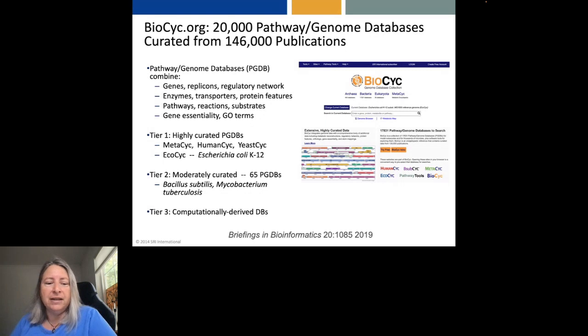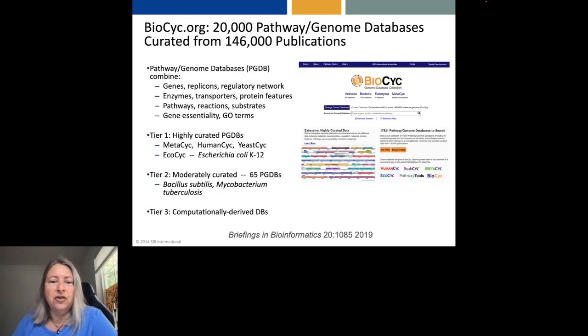We have a couple of highly curated databases. EcoCyc for E. coli is our sort of flagship database, and that's the one that most of my examples today are going to be taken from. We also have MetaCyc, which is not an organism database, but is a database that takes information from all organisms purely on metabolism. It doesn't contain genomes, etc. And then we have a collection of decently curated databases for organisms that are of interest to large communities, like tuberculosis and Bacillus subtilis.